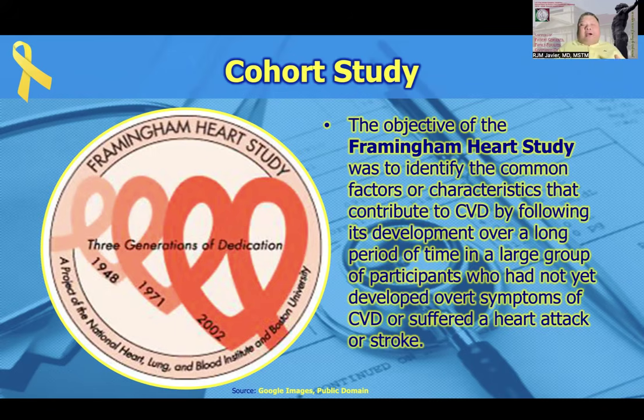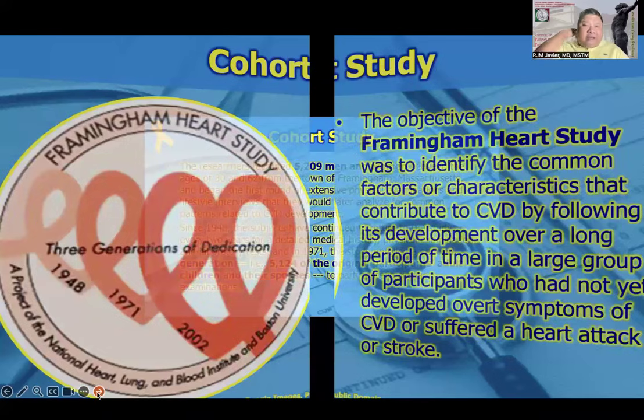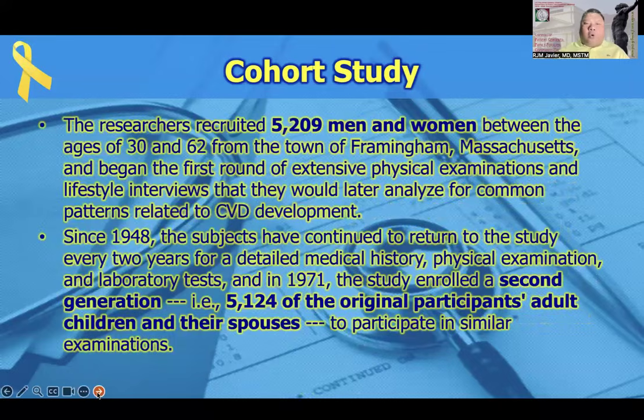So because of the period of observation, it started from the 1940s and up to this day, there are cohorts of your Framingham. We are now able to come up with a myriad of recommendations for the disease prevention and control of your cardiovascular outcomes or your cardiovascular diseases. So it all emanated from the studies starting from the 1940s, which we call your cohort.